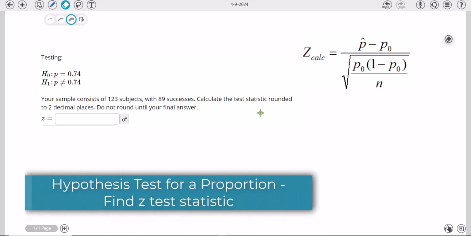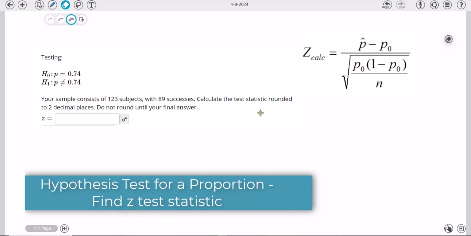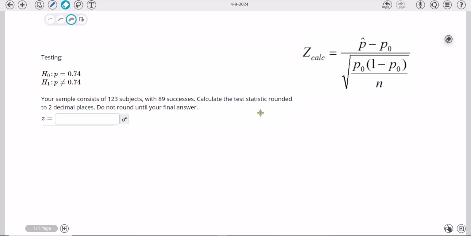All right, I'm looking at this problem. It's a hypothesis test. I can tell it's two-tailed because of the not equal. I can tell that this is a hypothesis test about a proportion. So remember that this is the population proportion.